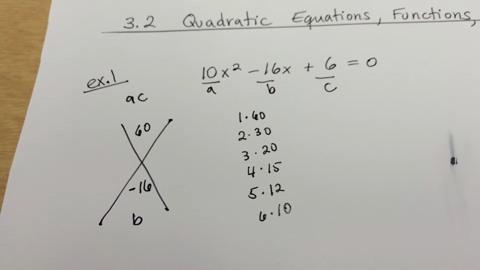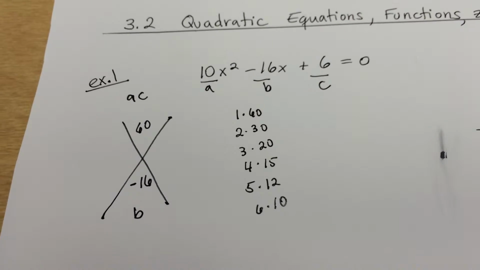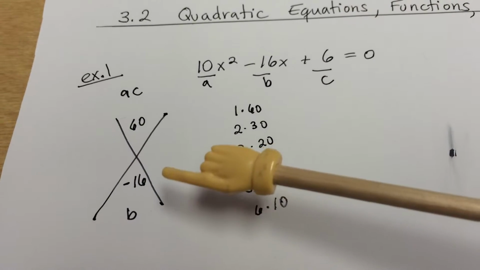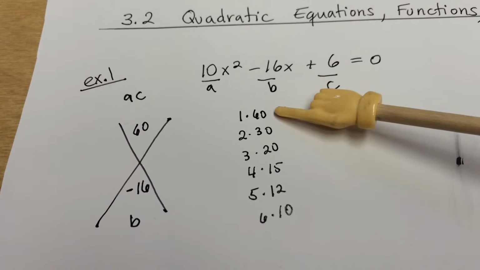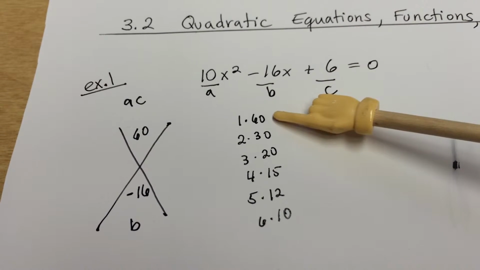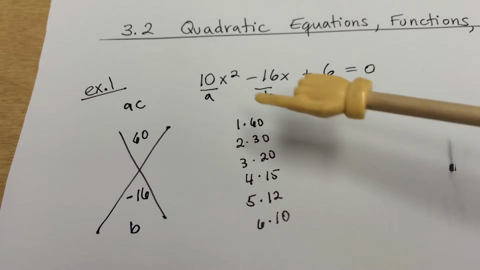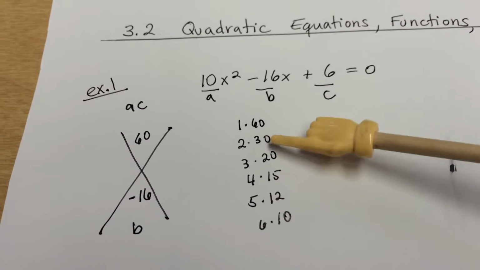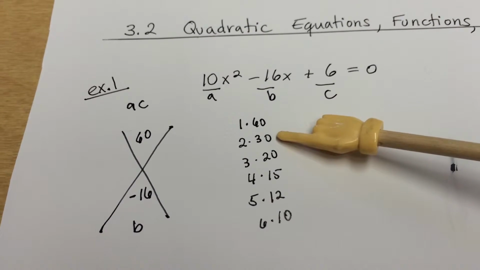So I think we can stop right there. Now I go through and play around with the combinations, and the combination needs to add up to negative 16. So I take 1 and 60. If I add them, that will give me 61. If I subtract, it will give me 59. So that's way too big. It's not going to get to that part right there. So that's not it. 2 and 30, if I add them, will be 32. If I subtract them, will be 28.